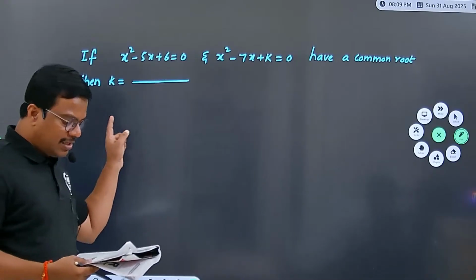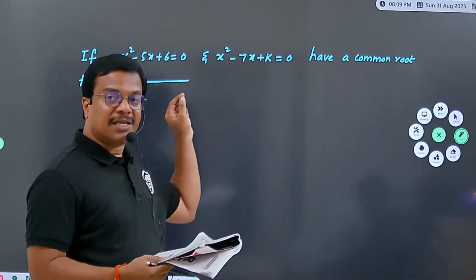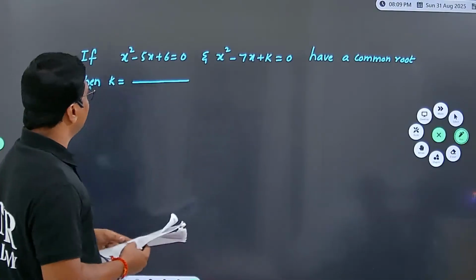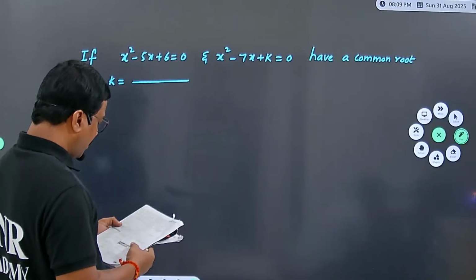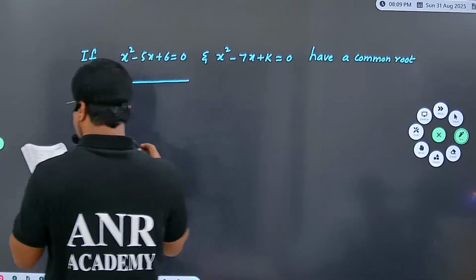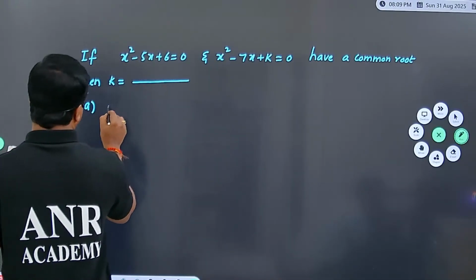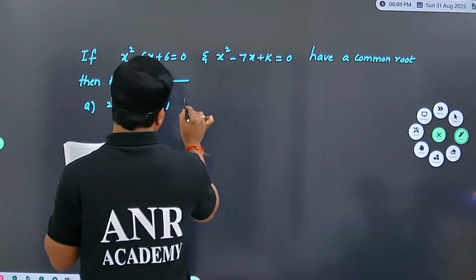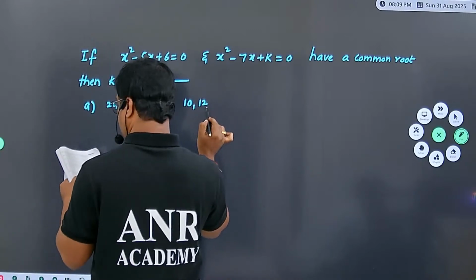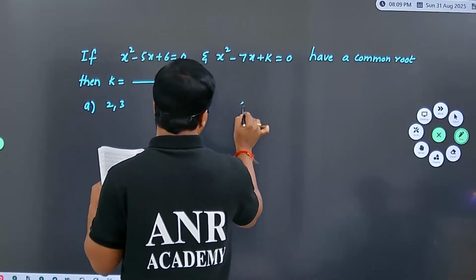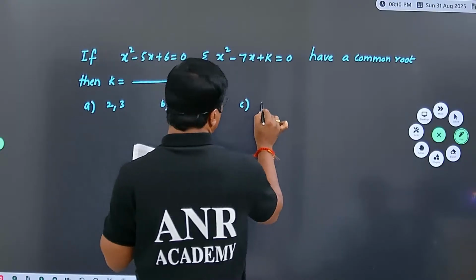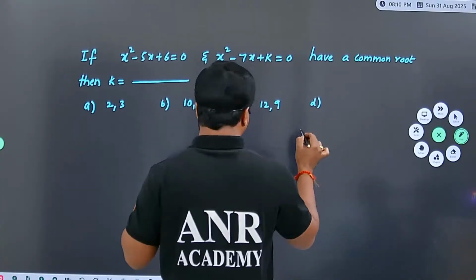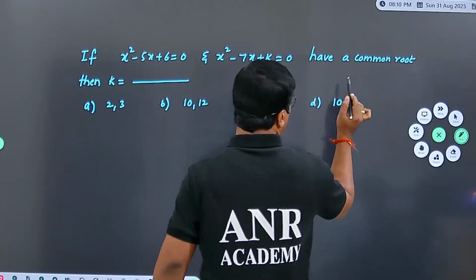Given that there is only one common root, then the value of k, options are given here. First option 2 comma 3, second option 10 comma 12, option C 12 comma 9, option D 10 comma 3.